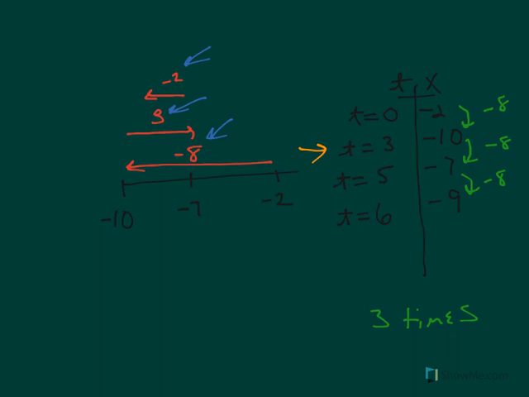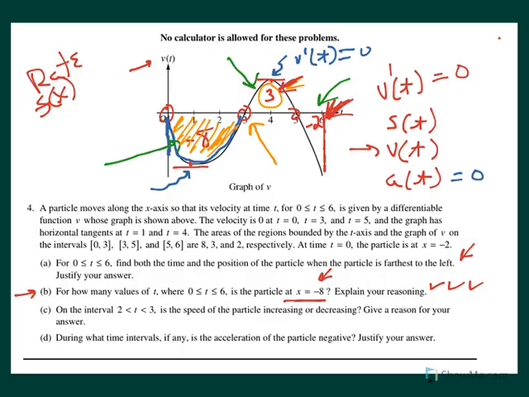And let's go ahead and look at the next question. So part C. On what interval from 2 to 3 is the speed of the particle increasing or decreasing? Give a reason for your answer. So remember, there is a slight difference between speed and velocity.